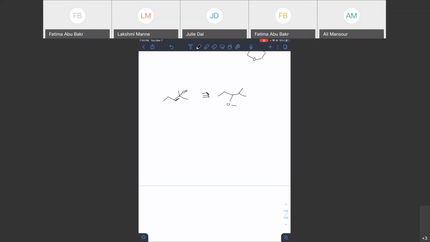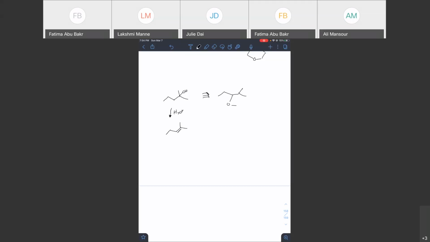So what I'm going to do is first try to eliminate that. A good way to eliminate this is just to use H3O plus. If you don't remember, that basically makes this eliminate, and we're going to ensure that it goes to this elimination spot instead of here or here, because that's the most stable according to Zaitsev's rule.